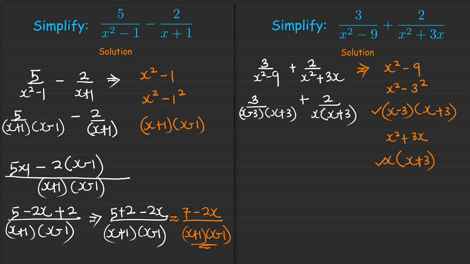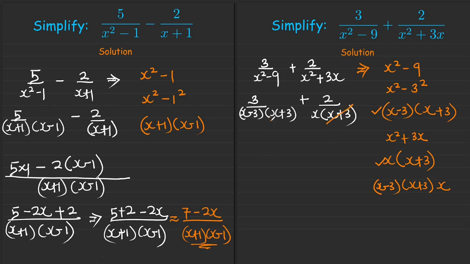So how do we get our common denominator this time around? If you look at it carefully, you realize that we have x plus 3 and then x plus 3 here already. So for the unique factors, we are actually talking about x minus 3, x plus 3, and then x. These become the unique factors we have in these denominators. So we multiply only the unique factors.